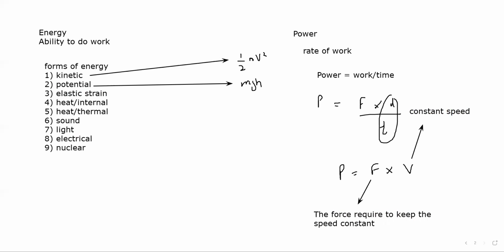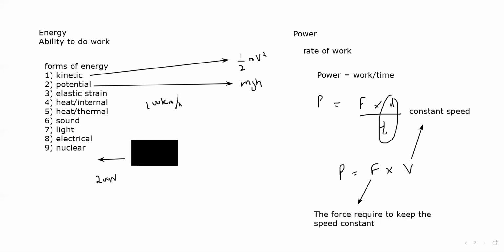For example, if there was a car, and this car is experiencing air resistance of say 200 newtons, and the car was originally moving with a speed of 100 kilometers per hour. To maintain this 100 kilometers per hour, how much driving force do I need if I want a constant speed?